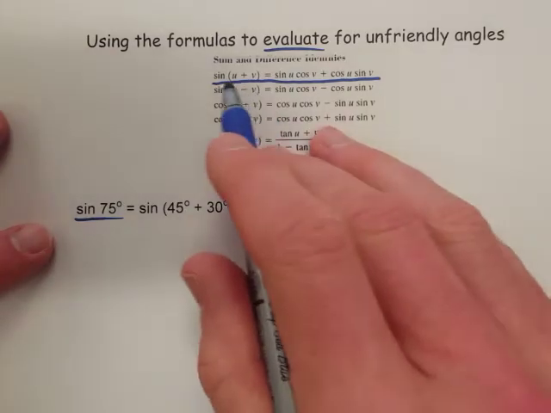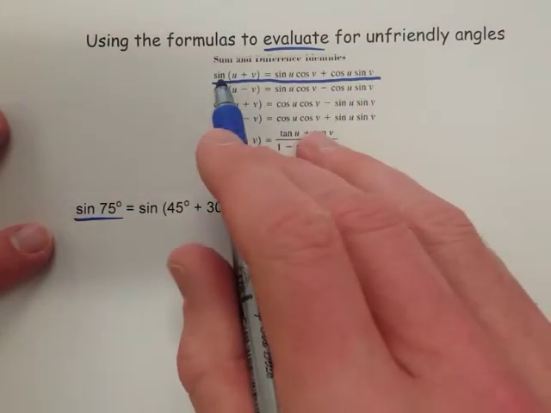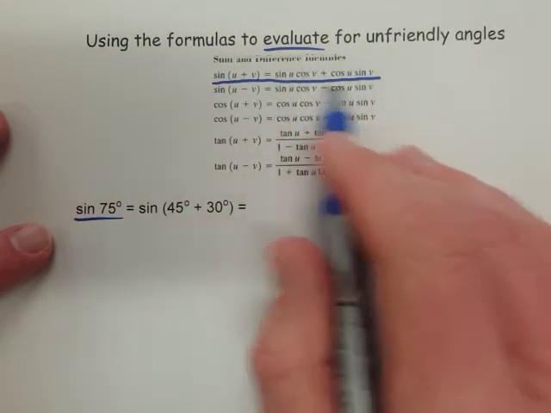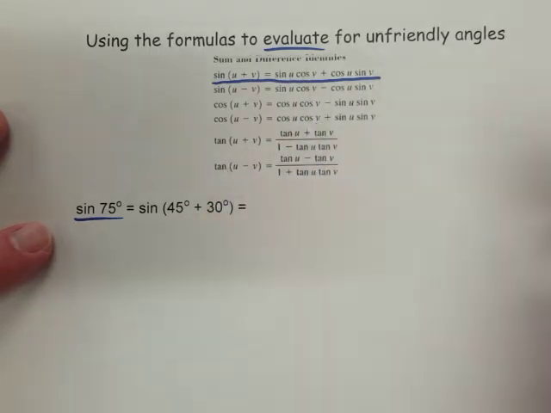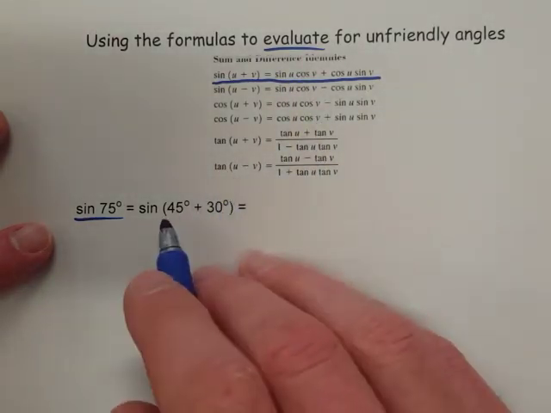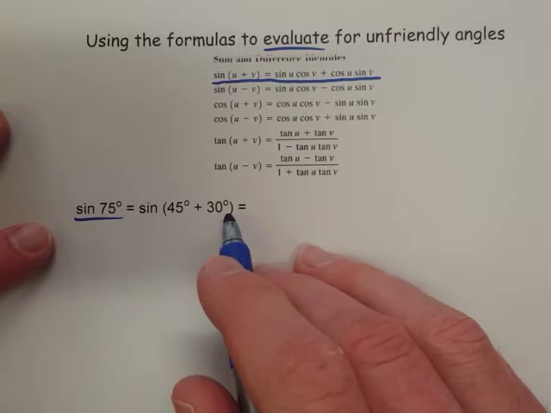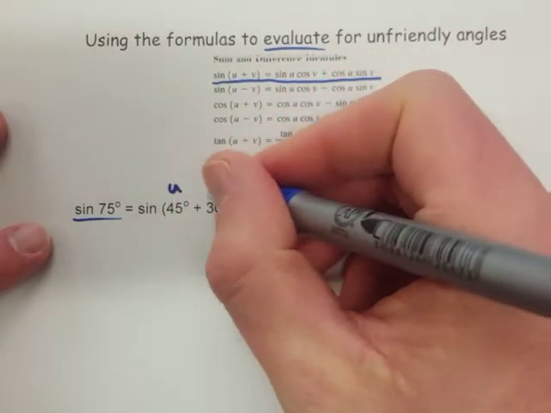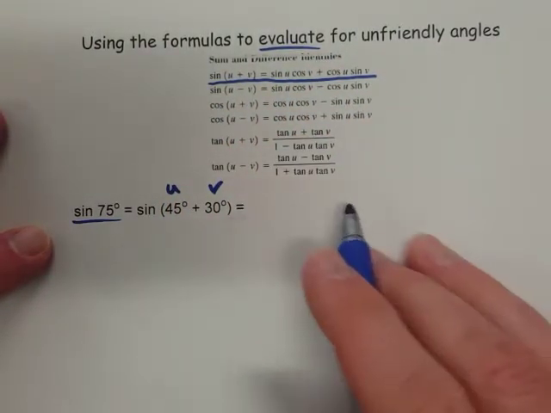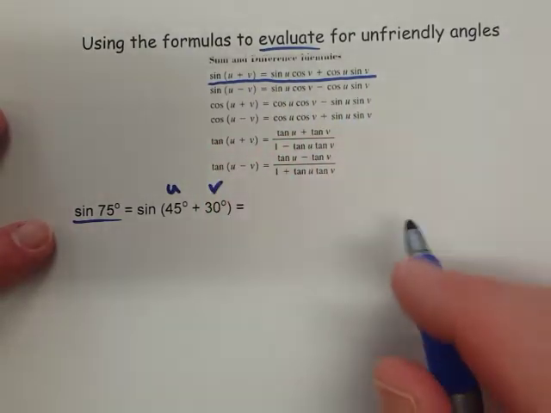We have to follow this formula up here, because sine of u plus v is equal to all of this stuff put together, and that is a little bit different. So if we've got the 45 and the 30, we can call this one u and this one v, and we can set this up. We start by just expanding it out.